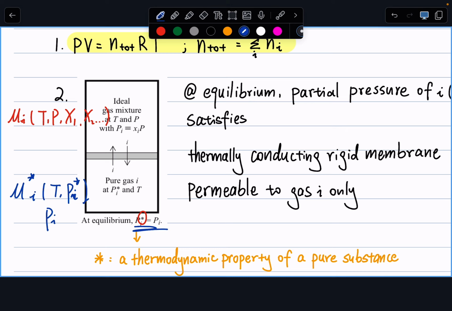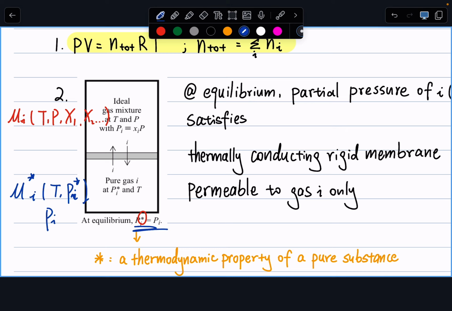All right. So what is the chemical potential here? The chemical potential on this chamber, we must have mu A. Now we can put the star on there because in this chamber, we only have pure gas A. So this mu A star is only a function of temperature, which is kept constant, and the partial pressure of A as a pure species.